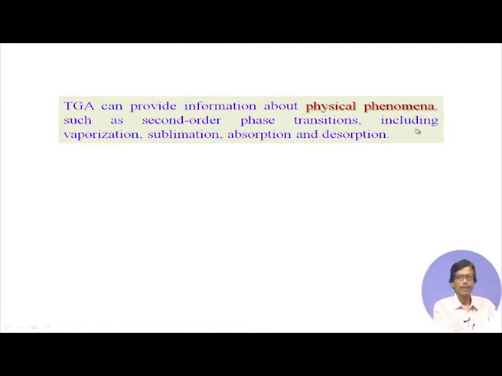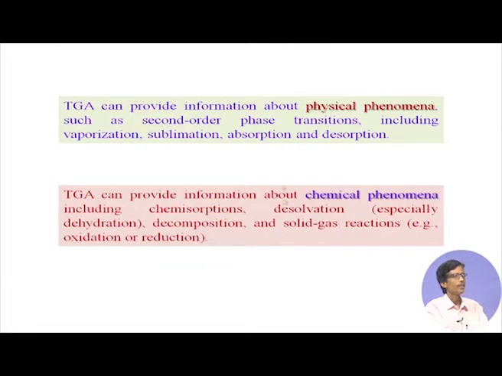It can be a metallurgical sample, a material sample, or any other ore or minerals, which can be characterized for physical changes, such as a phase transition. So, if you have a second order phase transition, which includes vaporization, sublimation, absorption and desorption, in all these cases the material is not decomposing, but it is vaporizing, or going for sublimation. We can monitor that particular change by TGA.